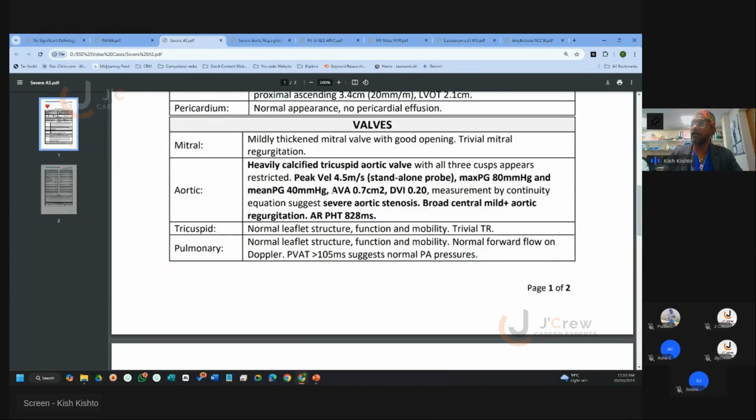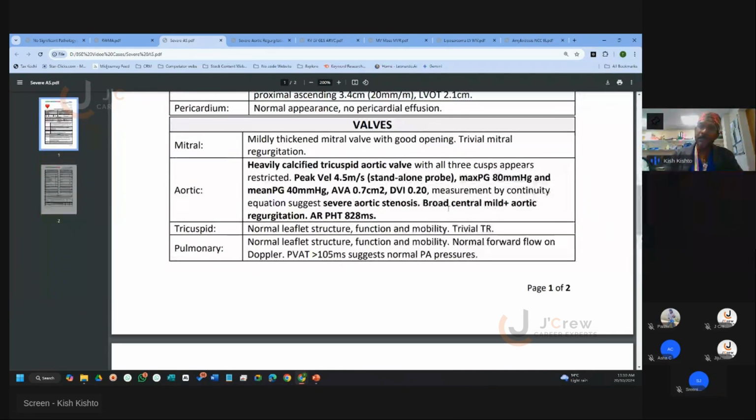Peak velocity of 4.5, and here I put the best image I got, by the standalone probe. Make sure you put whether it's the apical view, subcostal, or right parasternal, whichever gave you the best view. Max gradient, mean gradient, AVA of 0.7 and DVI of 0.2. Measurement by continuity equation suggests severe aortic stenosis.